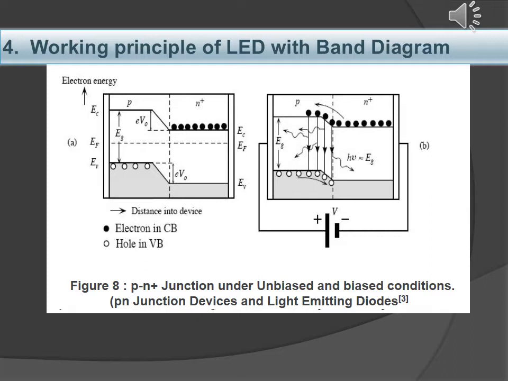As we know, a light emitting diode consists of a PN diode, which is designed so that radiative recombination dominates.